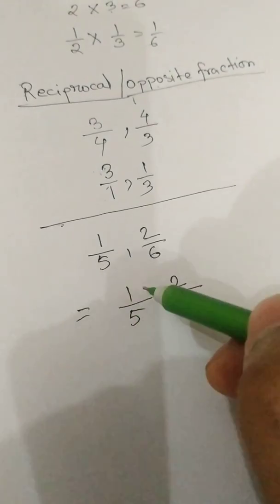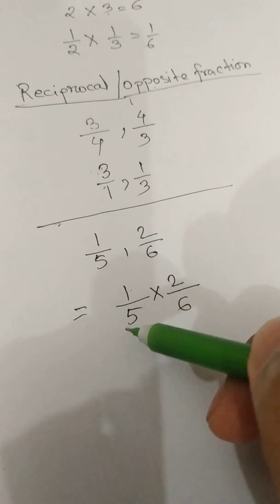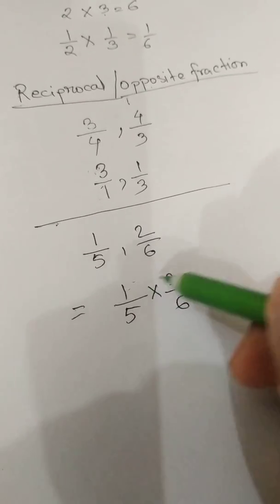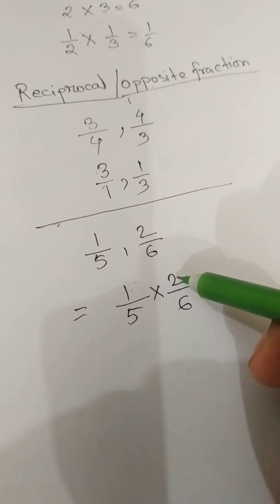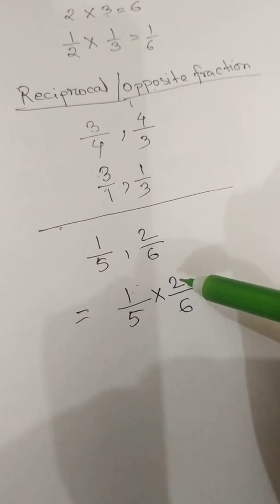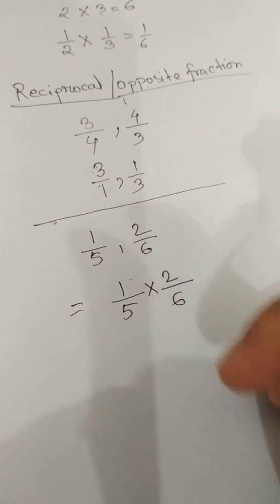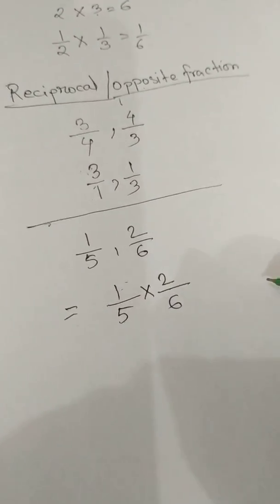Numerators get multiplied with numerators, denominators get multiplied with denominators. But if you have the possibility to reduce a fraction, you always need to reduce that fraction.